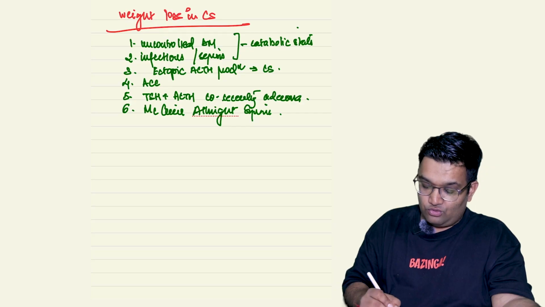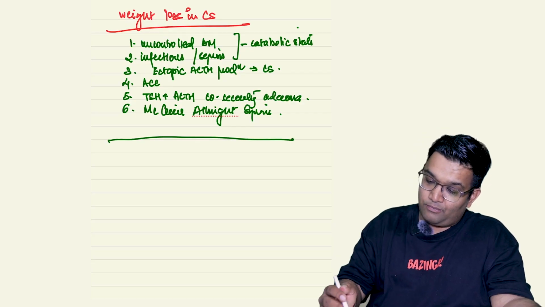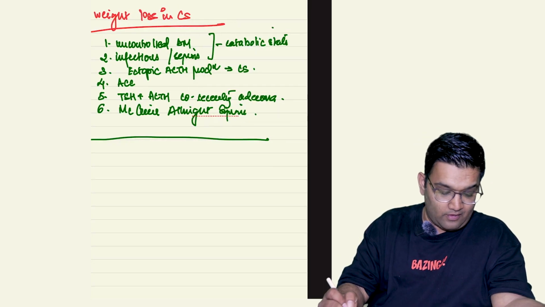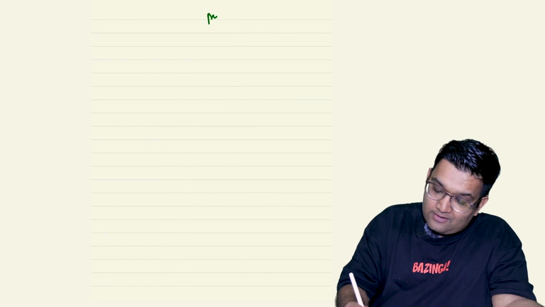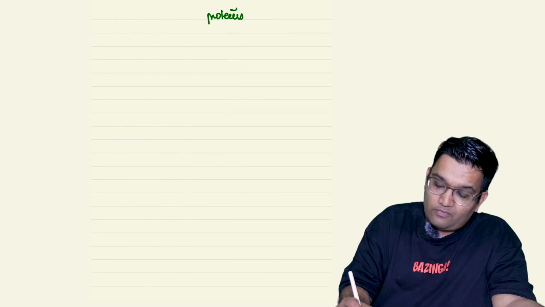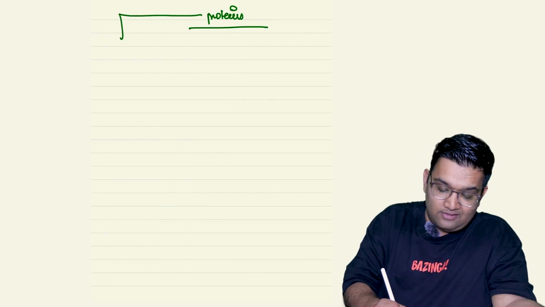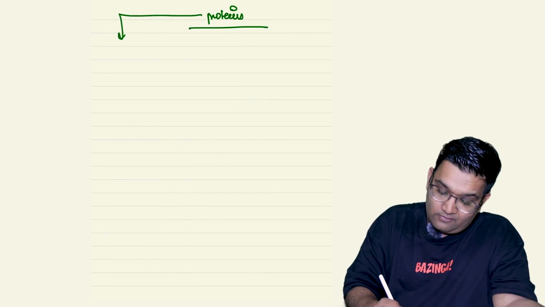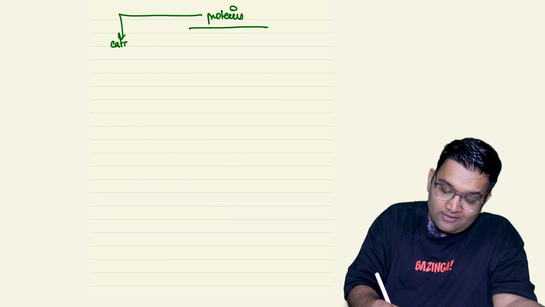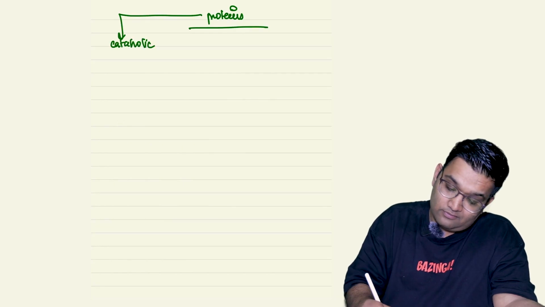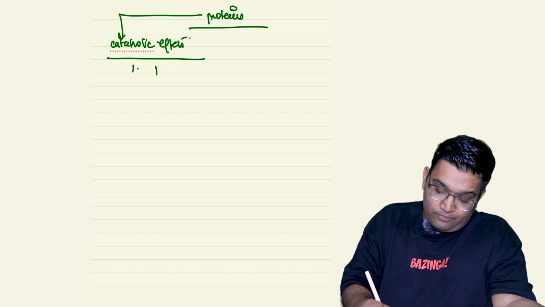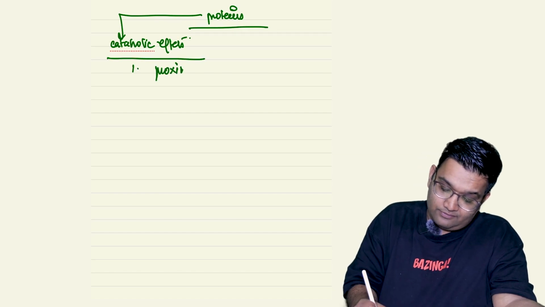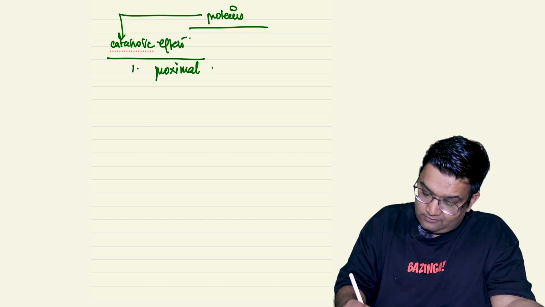Now we come to the protein part. So, in case of proteins, what are the factors that are causing catabolic effects and how they are manifesting? Proximal myopathy.